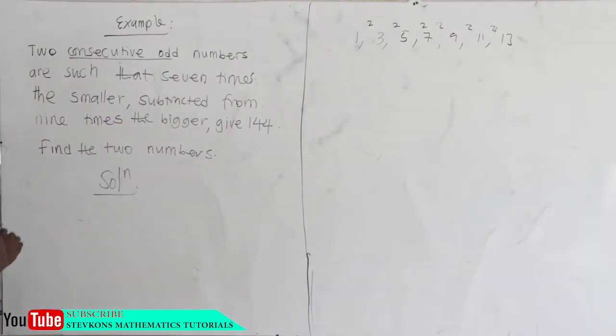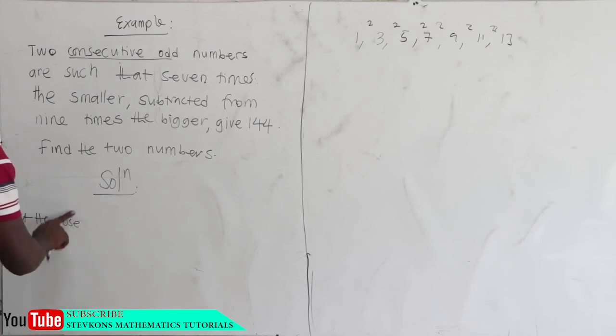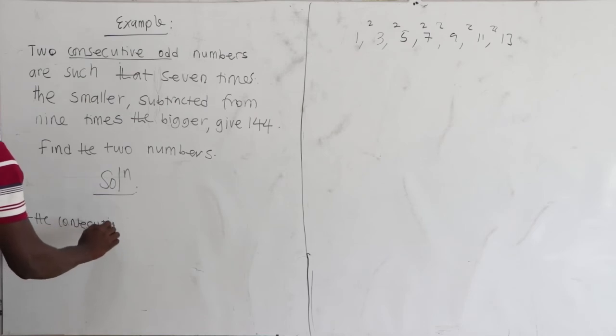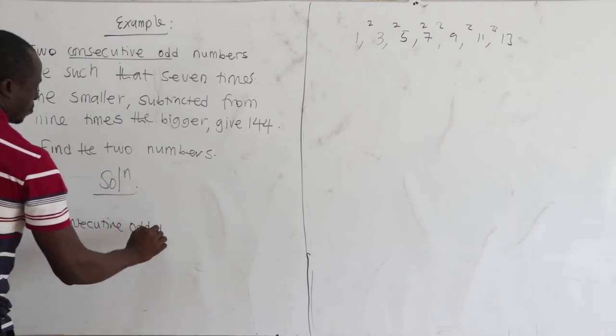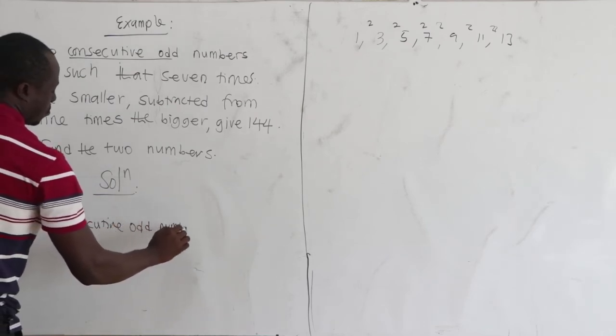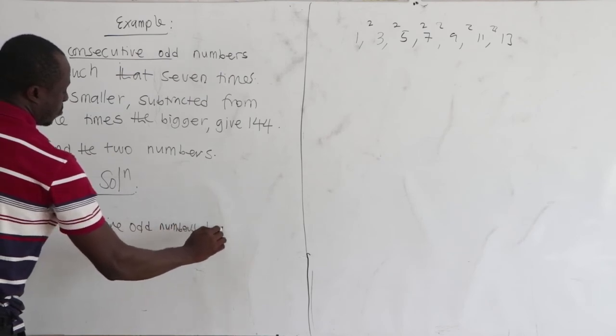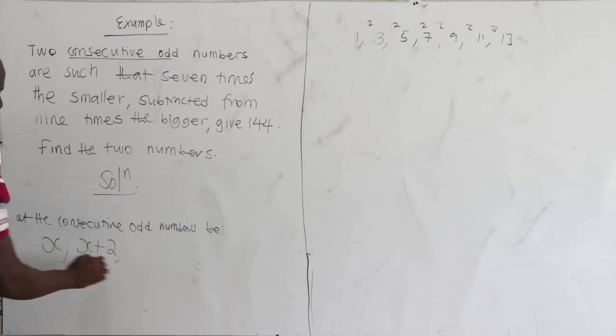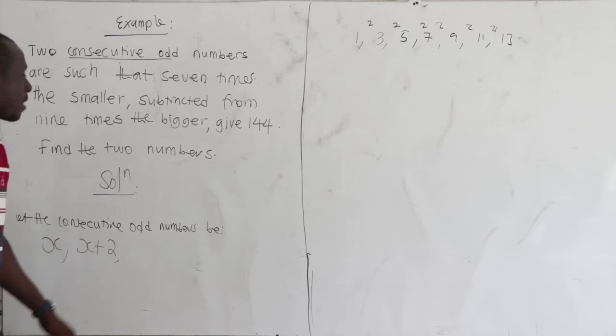So you can say, let the consecutive odd numbers be as follows. The first one is x, and the second one is x plus 2. Now, what are we told?